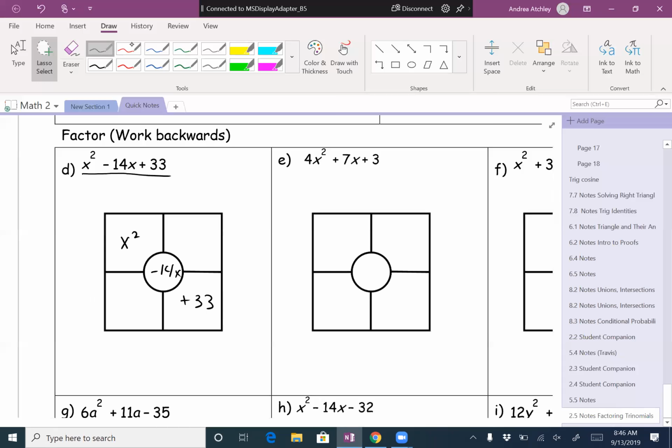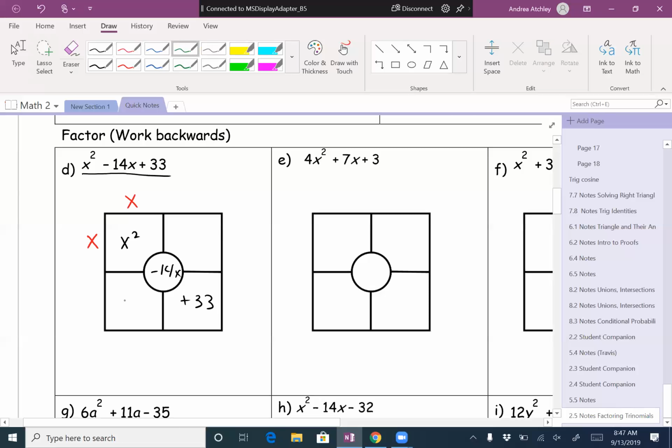So then we see, I know the area of this box is x squared. What did I need to multiply to get x squared? A length and a width to get x squared. X times x, right? X times x gives me the x squared. Does that make sense? Okay.